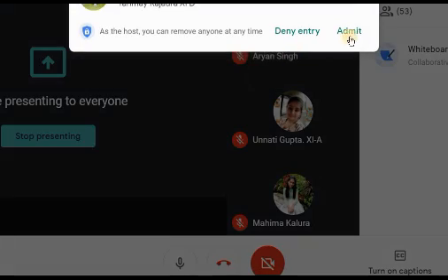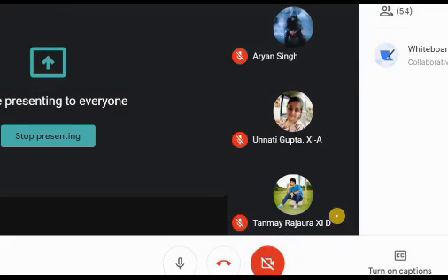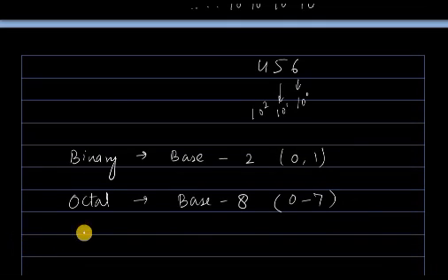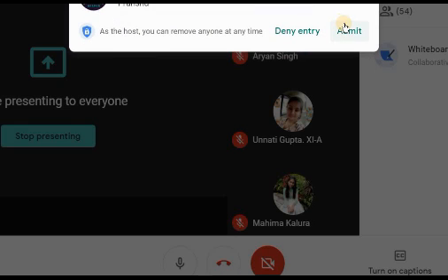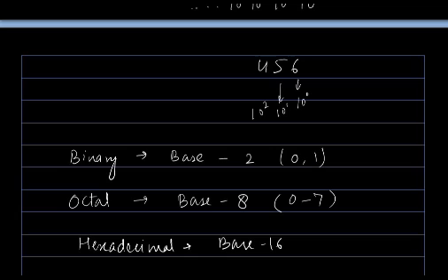And we talked about one more number system yesterday, the hexadecimal number system, and I told you that its base is 16. So if the base is 16, we can understand that the numbers will be from 0 to 15.